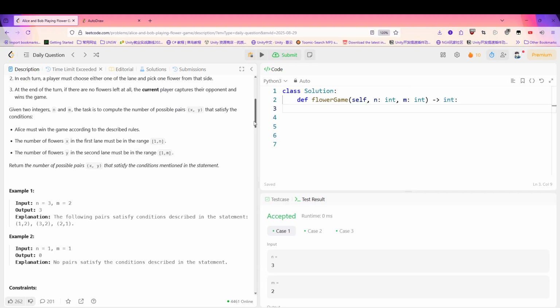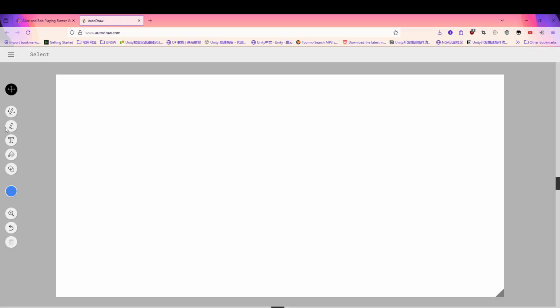This is because in our game, since Alice takes the first turn to pick up a flower, in this situation, if and only if our total number is odd, Alice wins. Let's look at the example here. We got 3 and 2, right?